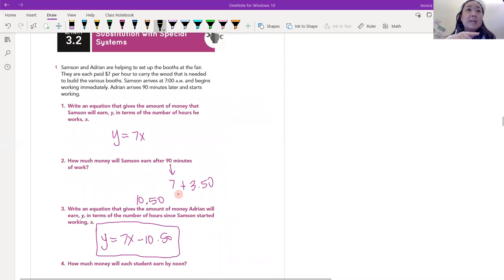But anyways, $7 per hour. So Samson arrives at 7 a.m., early in the morning, and begins working immediately, like the good worker that he is. And Adrian arrives 90 minutes later and starts working.